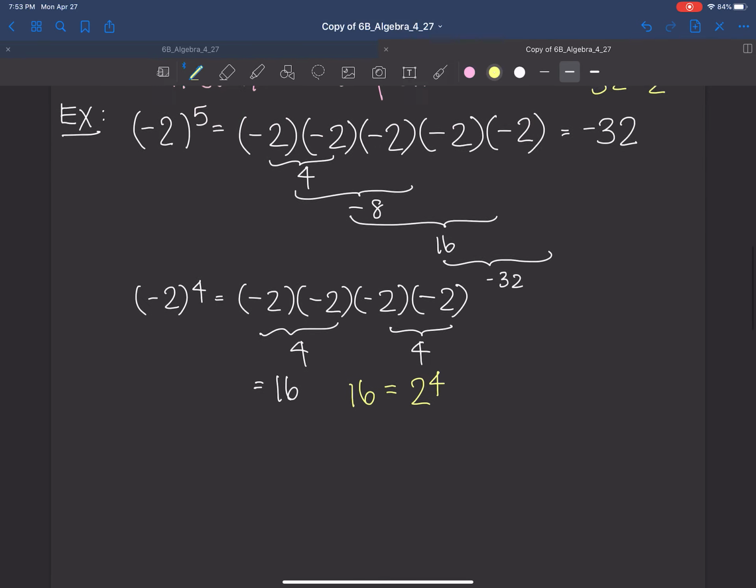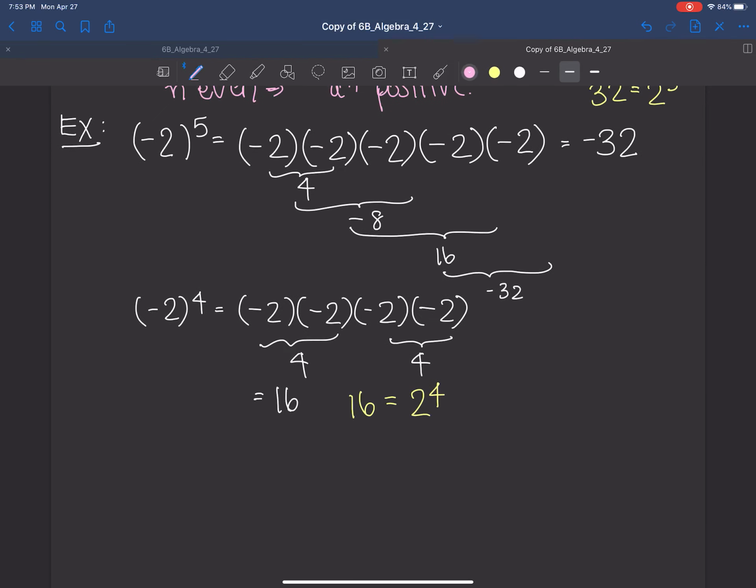Okay, but one thing to watch out for is that if I take minus 2 to the 4, this is actually not equal to the whole minus 2 raised to the 4. So why is that the case? This is because of PEMDAS, actually.